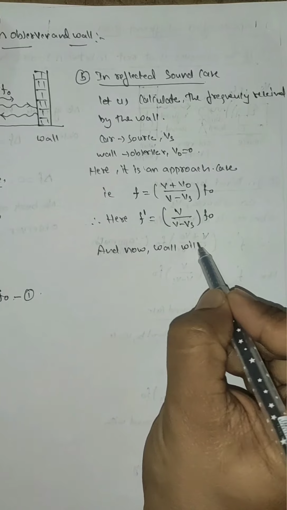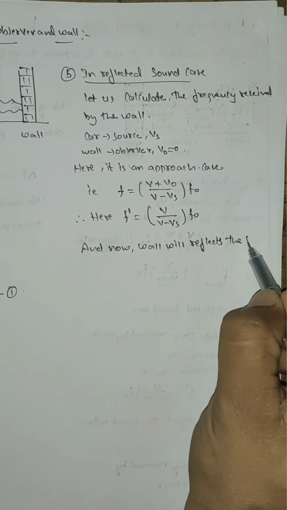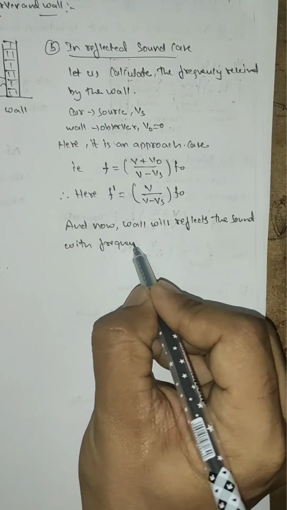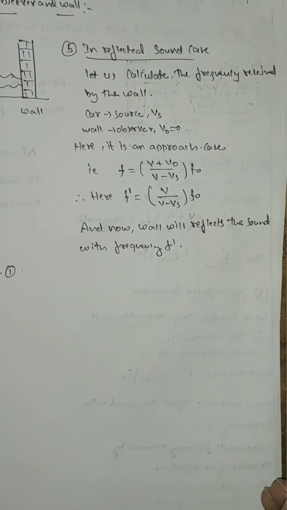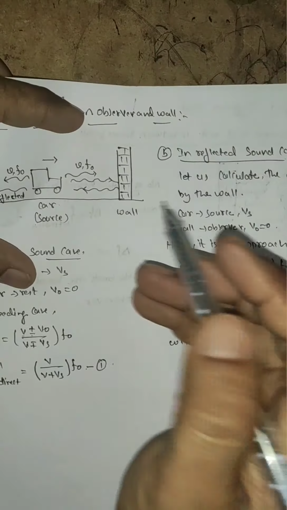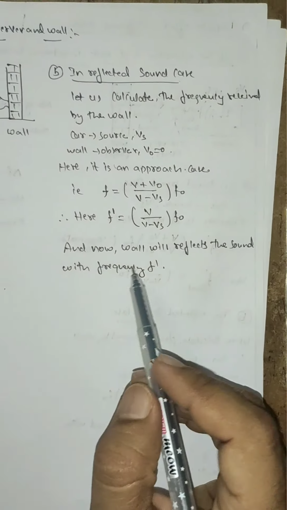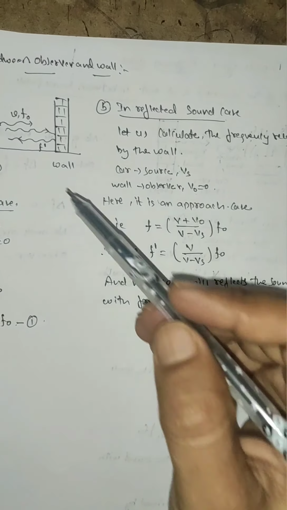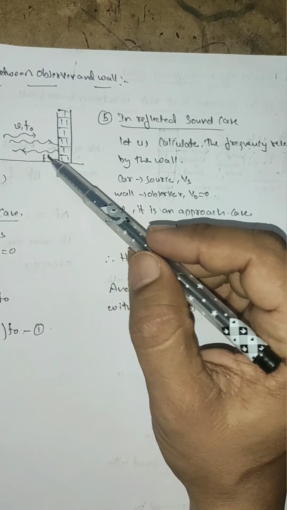Now the wall will reflect the sound with the frequency f prime. So the frequency of the reflected sound wave is nothing but f prime.